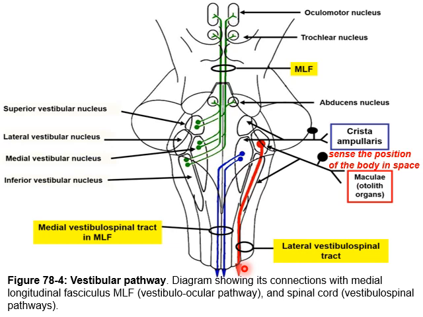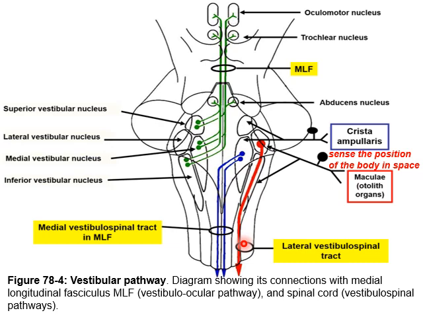So these tracts are extrapyramidal tracts, and they do very important functions. The medial vestibulospinal tract is important for coordinating the head and neck movement with the eye movement, and the lateral vestibulospinal tract is important to maintain the posture and the balance.